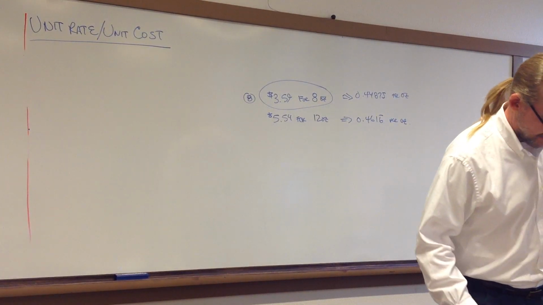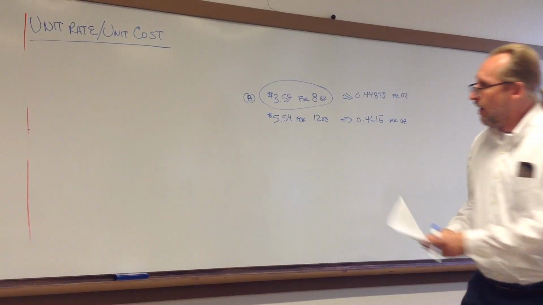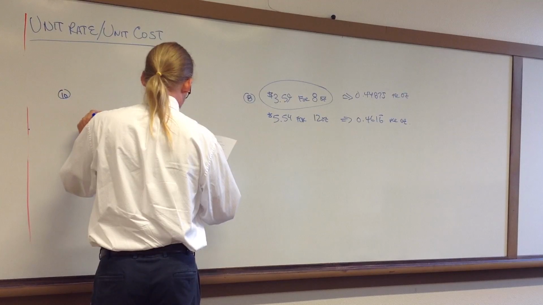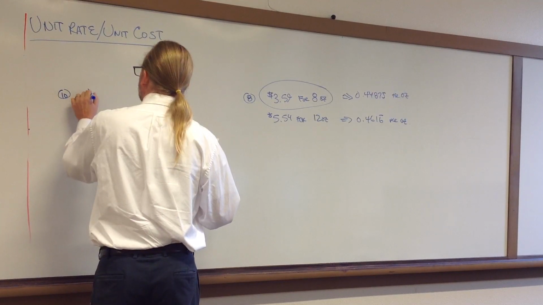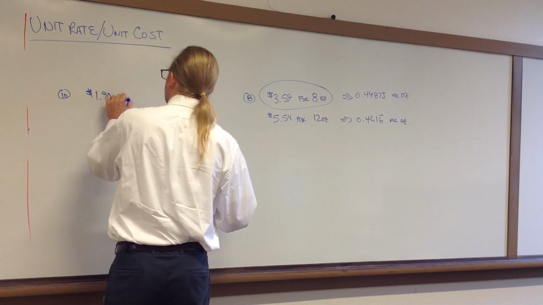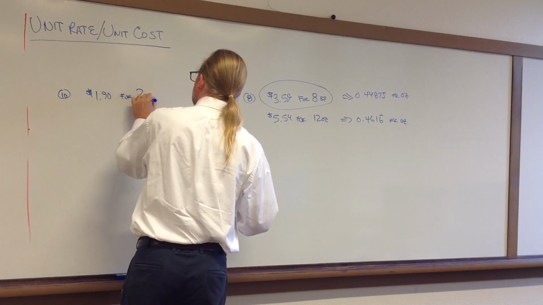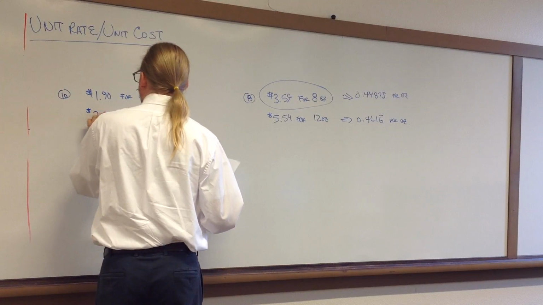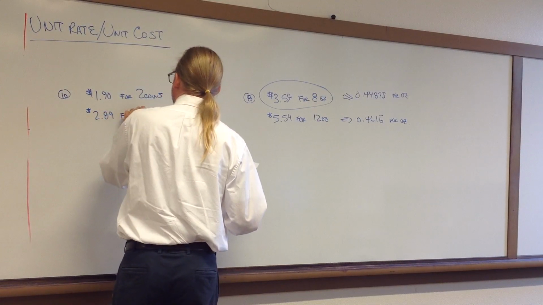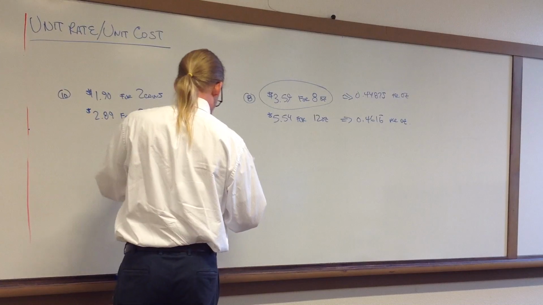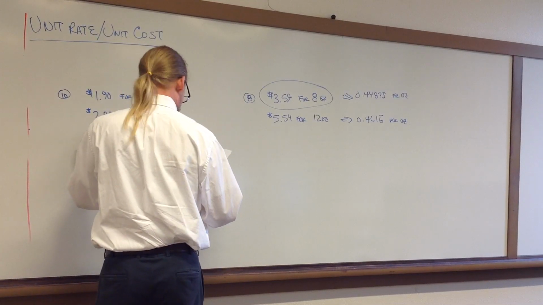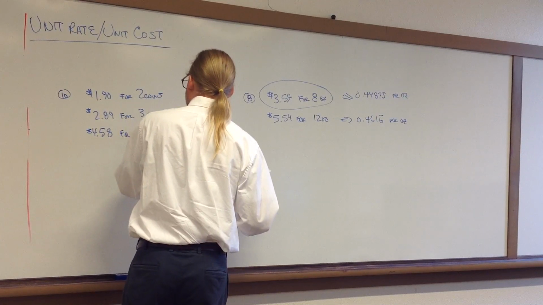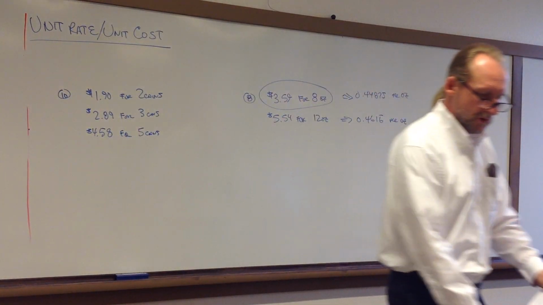All right. Let's see here. Problem 10. We've got 3 choices. We've got $1.90 for 2 cans, $2.89 for 3 cans, and $4.58 for 5 cans.